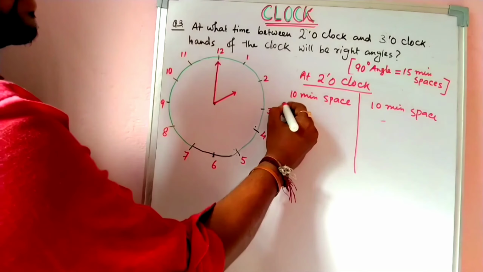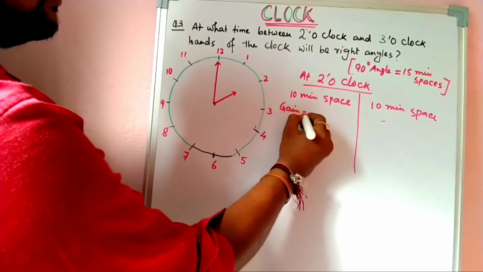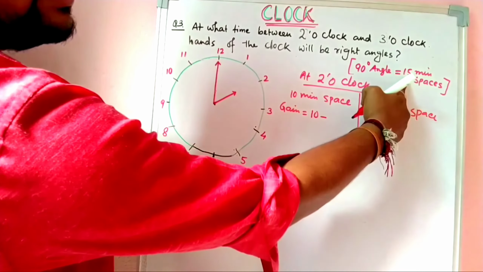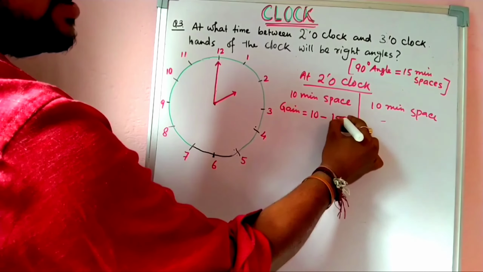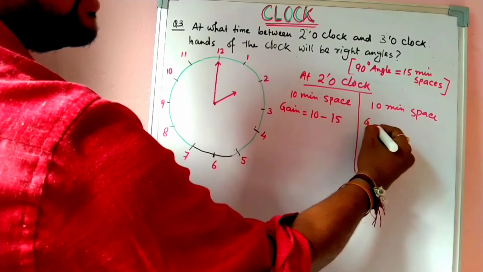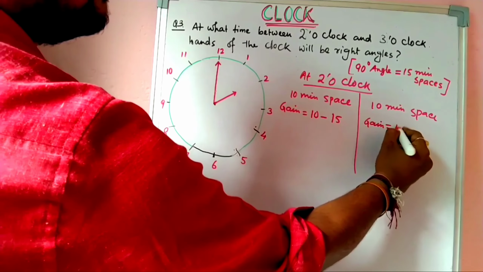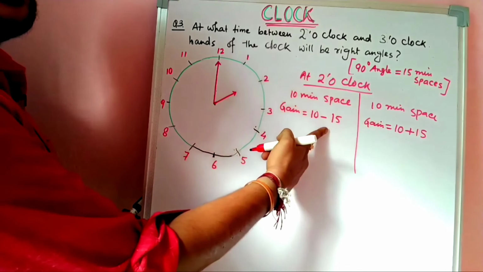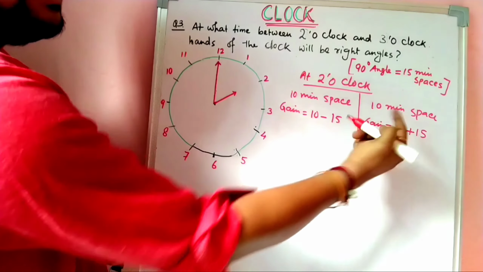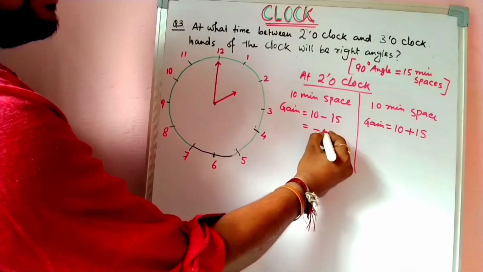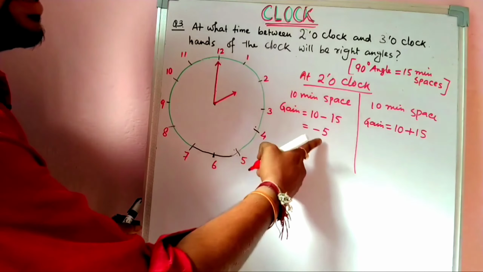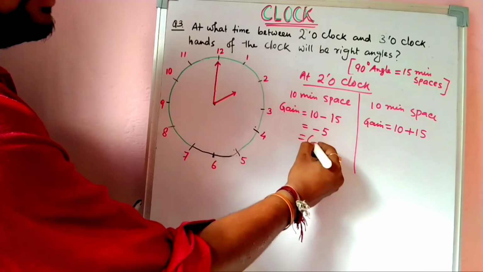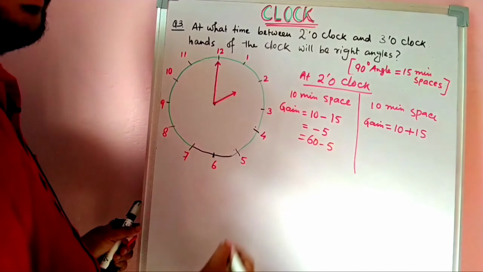So now gain equals the 10 minute space minus this 15, as I told you. So 10 minus 15, and here also the same thing, gain equals 10 plus 15, because once you subtract, another time you add. So 10 minus 15 is minus 5. Whenever you get a negative gain, you always have to subtract it from 60.